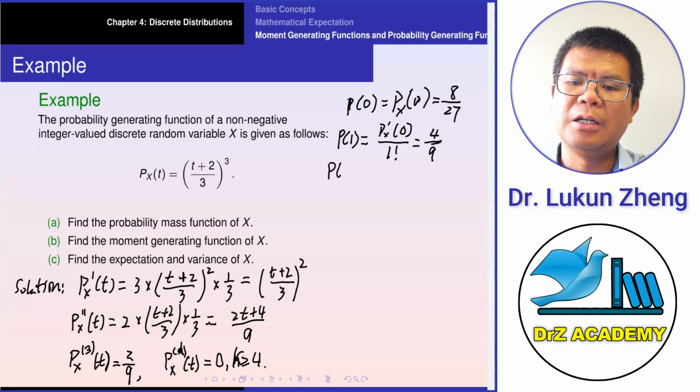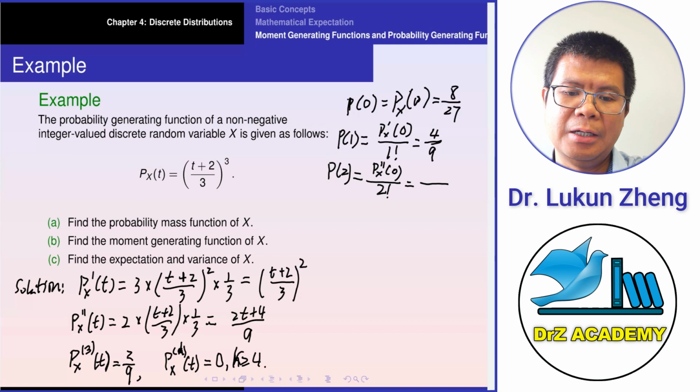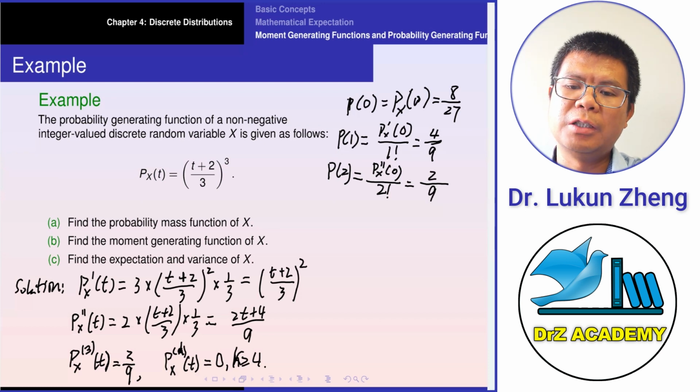And P of 2 is going to be P_X second derivative at 0 over 2 factorial, which is 4 over 9 over 2, that's 2 over 9.